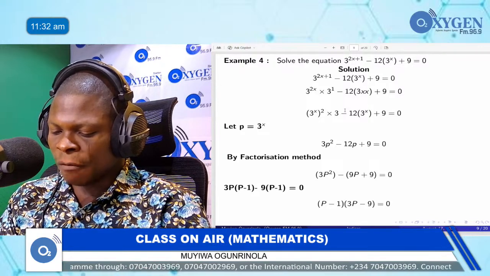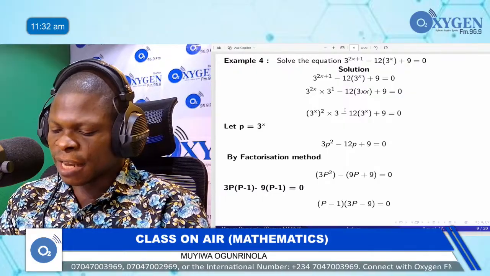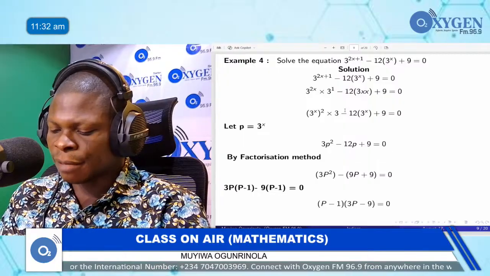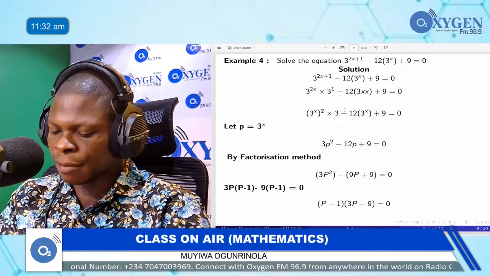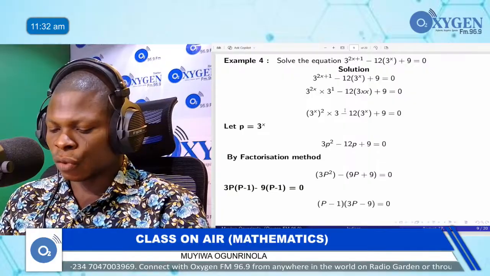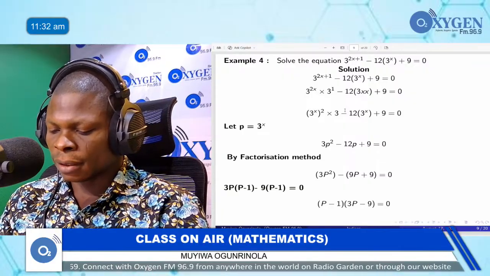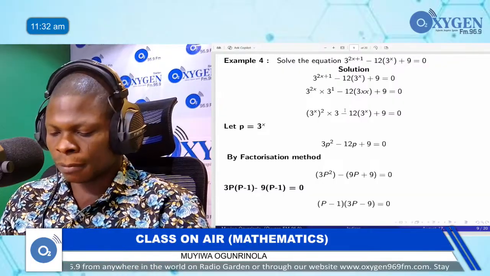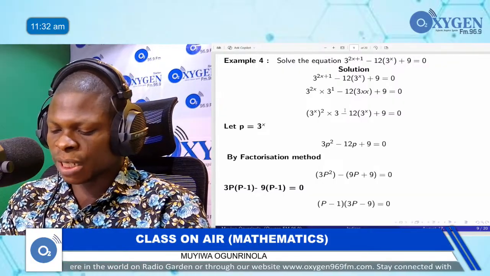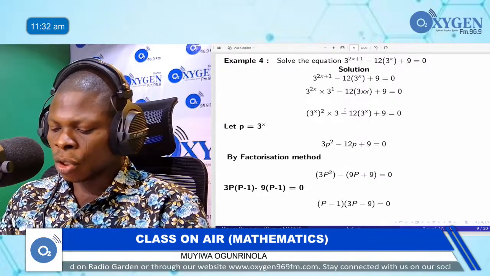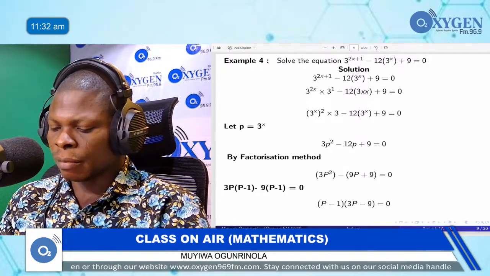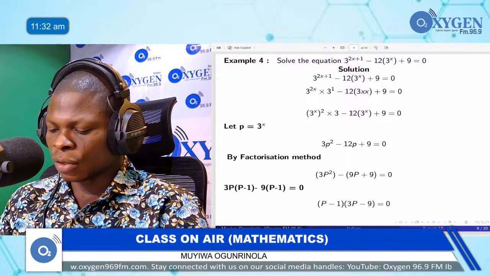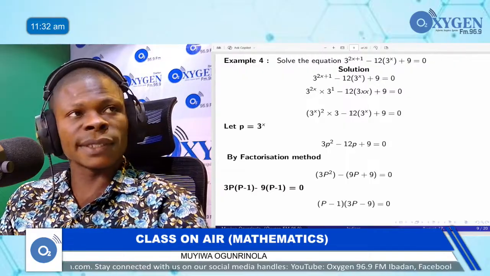When you pick the common factor in 3p squared minus 3p, we see that 3p is common. We pick 3p, and in that bracket it will be left with p minus 1. In the other bracket, we pick 9 because 9 is common, and when you take 9 out, it remains p minus 1. So our factors will be (p minus 1)(3p minus 9) is equal to 0.